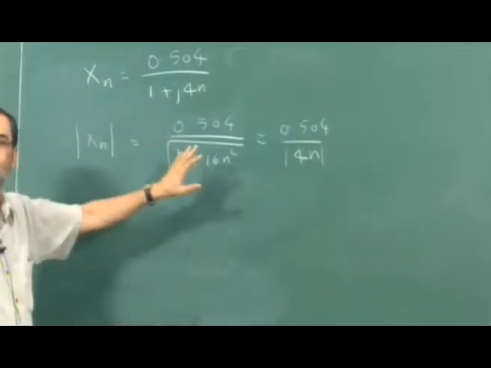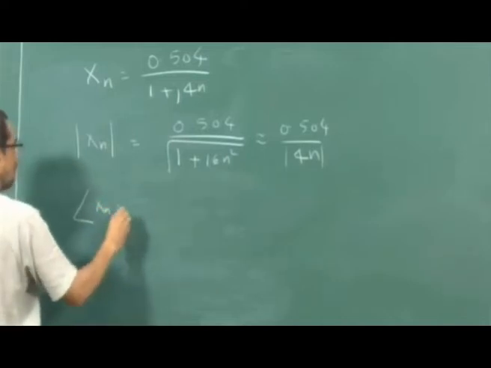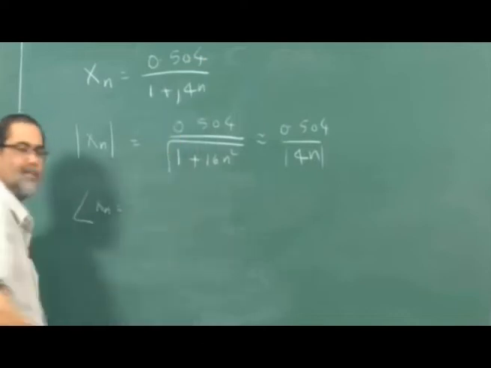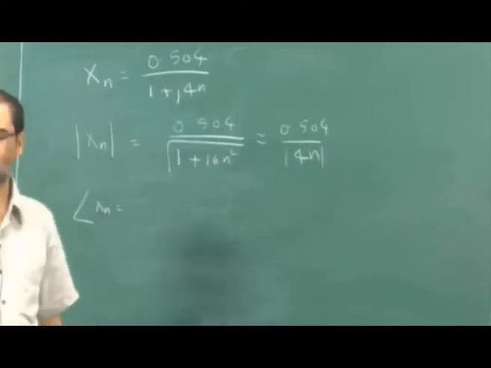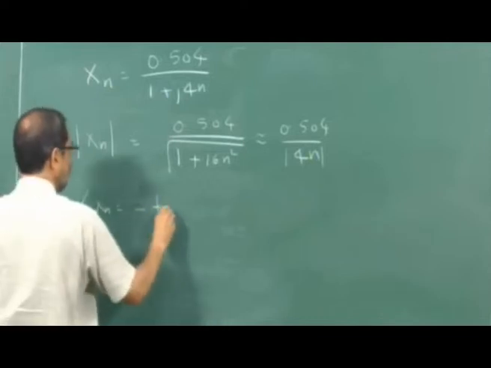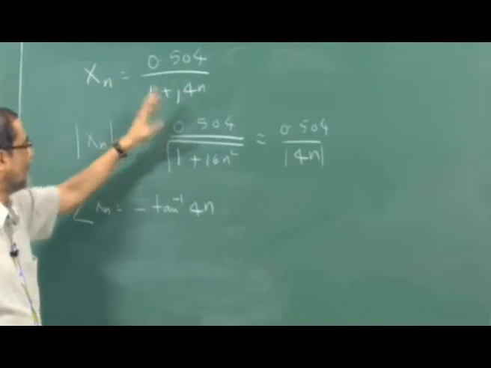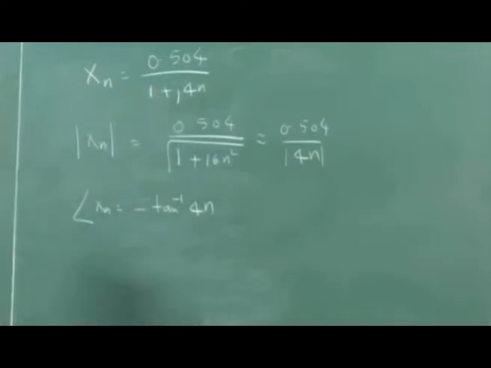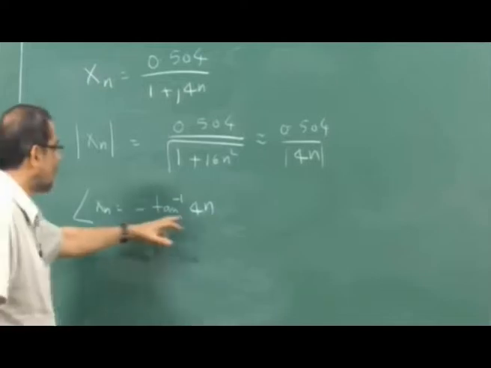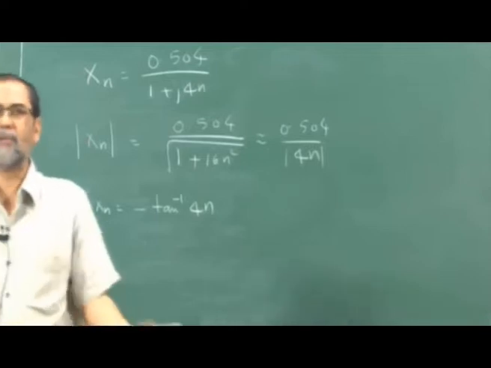So that's the magnitude. And the second thing is the phase value. The numerator is real, so it contributes nothing to the phase. The denominator gives minus tan inverse 4n. It's 4n by 1, doesn't contribute anything much. So if n becomes large, say n is 4, then tan inverse 16, tan inverse of a large number, is pi by 2.